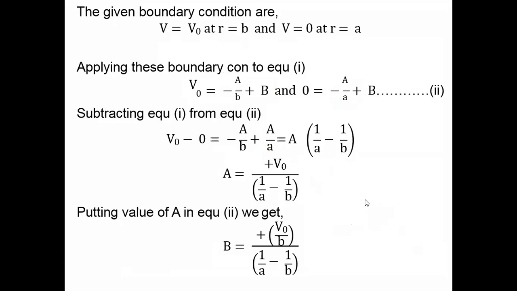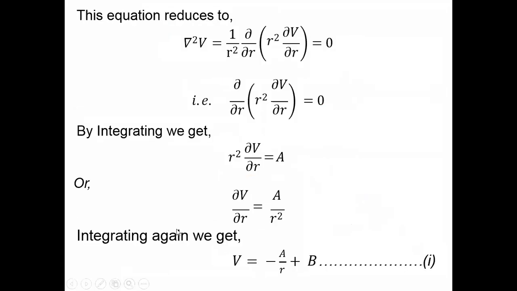See very carefully. We have found the V, but that is in terms of A and B. What are A and B? Constants. If you remember the definite integral, lower limit, upper limit, generally we put the lower limit and upper limit to find the value of constants in the differential equation.